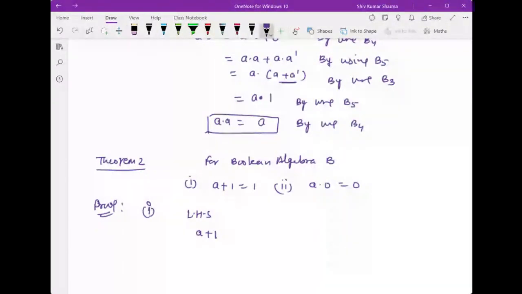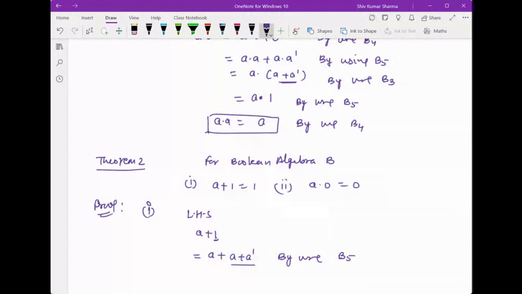We can write this 1 as A plus A complement, by using B5.